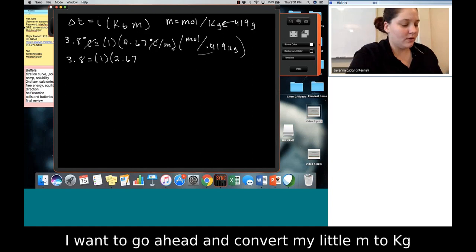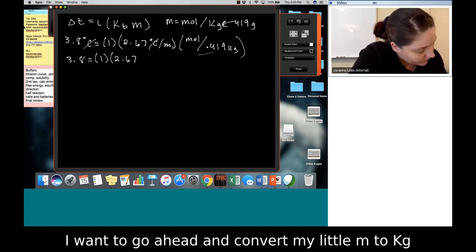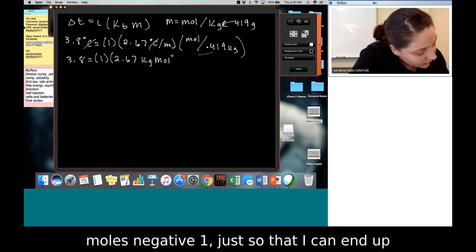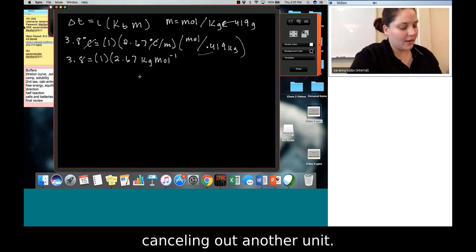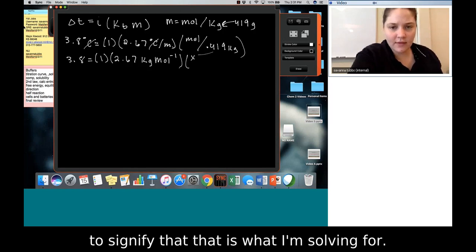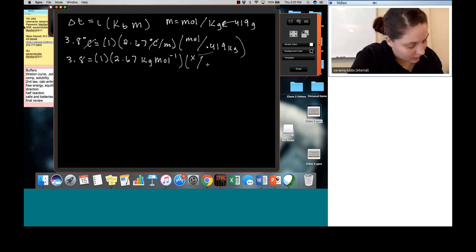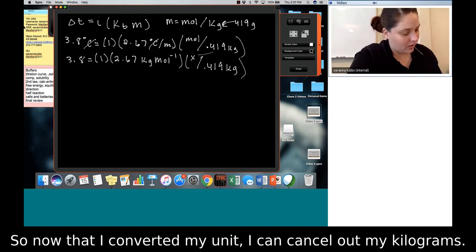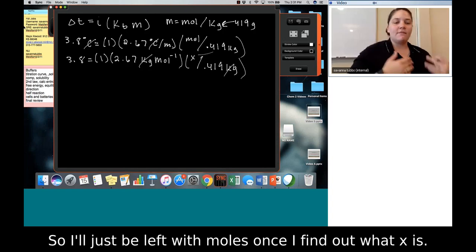I want to go ahead and convert my little m to kg mol^-1, just so that I can end up canceling out another unit. So I'm going to put an x in place of the moles just to signify that that is what I'm solving for. So now that I converted my unit, I can cancel out my kilograms, so I'll just be left with moles once I find out what x is.